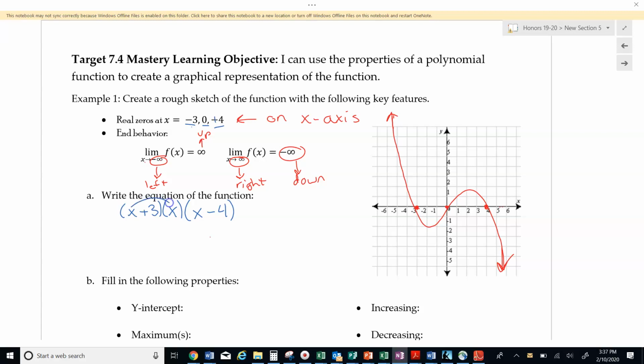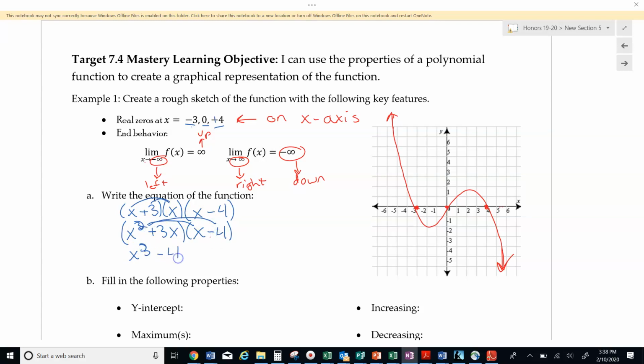So my first distribution is x squared plus 3x. I can't write today, guys. Then I have x squared times x, and x squared times -4, that's x cubed, and x squared times -4x is -4x squared.